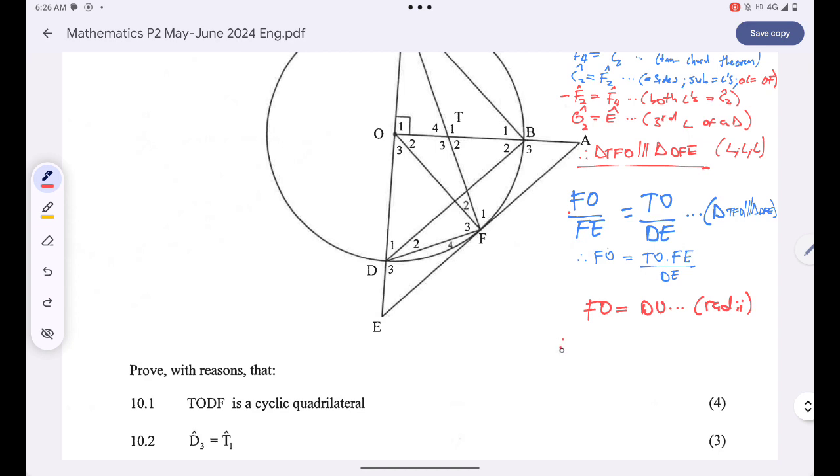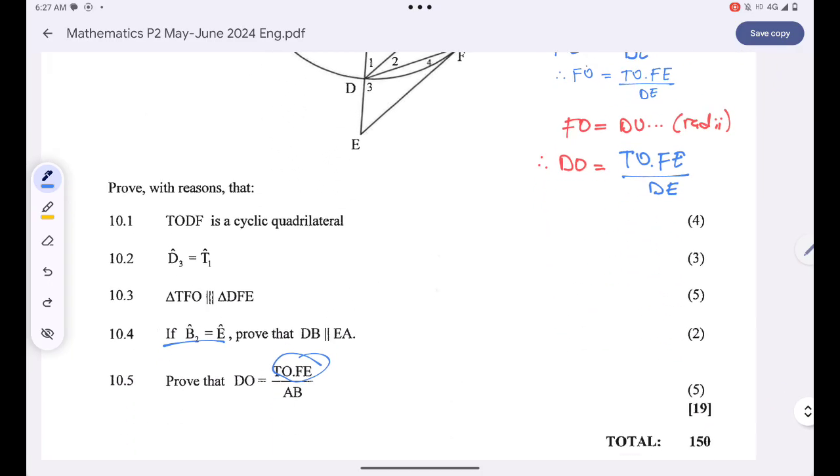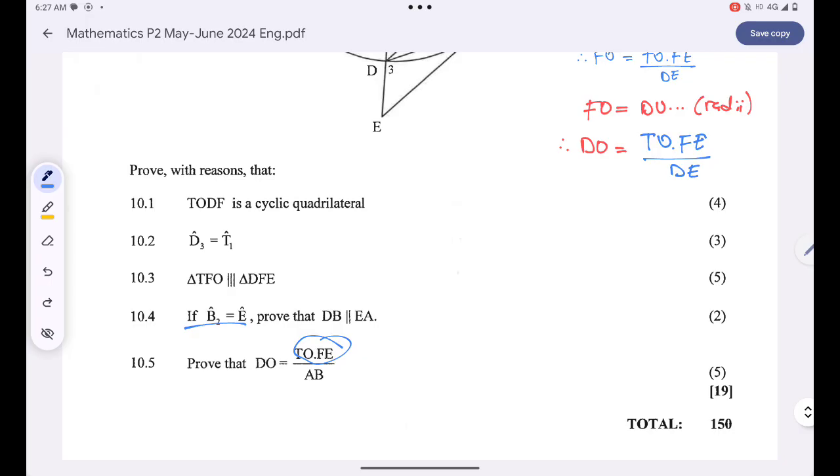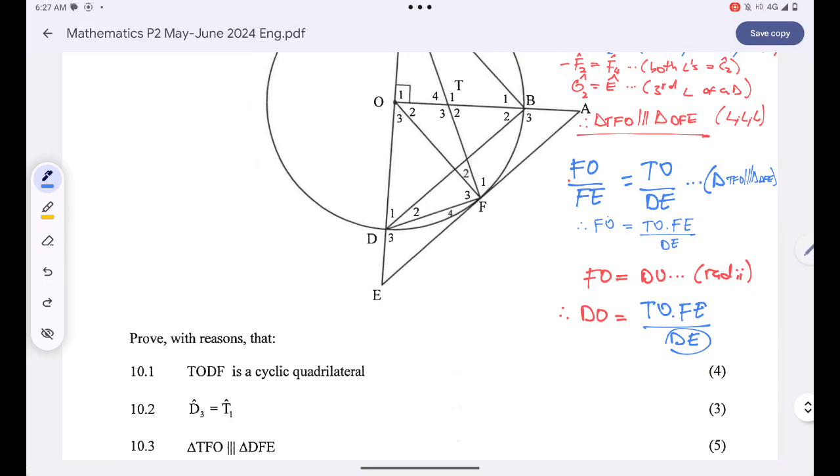So I can therefore conclude that DO is equal to TO multiplied by FE all over DE. The only thing that is not common now is the denominator. I have DE on the other side, but over there I have AB. Okay, so how can I work with this?